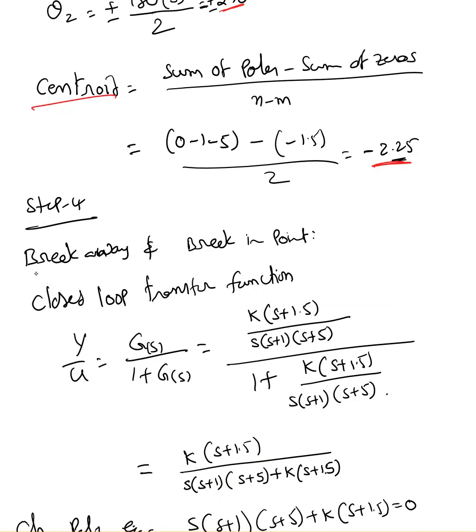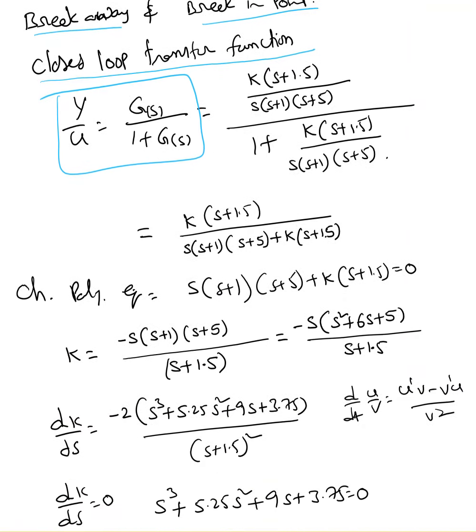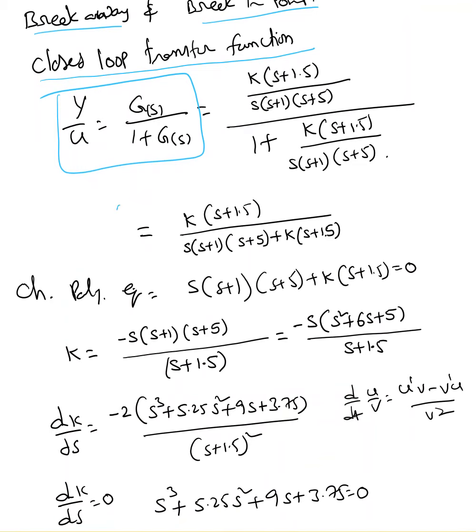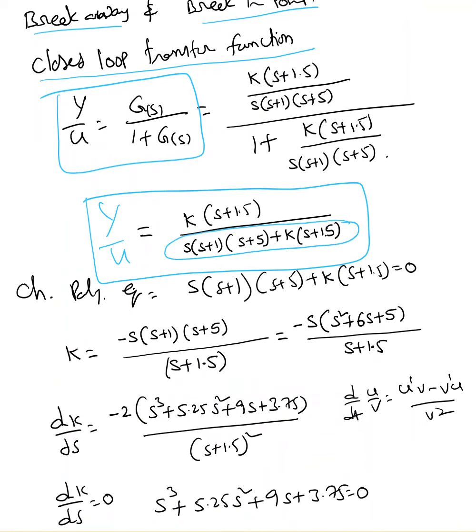Now step 4, find the breakaway or break-in point. For that we need to find the closed loop transfer function. The closed loop transfer function is y by u equal to G of s over 1 plus G of s, so we end up with this equation. The characteristic polynomial is the denominator of that closed loop transfer function.